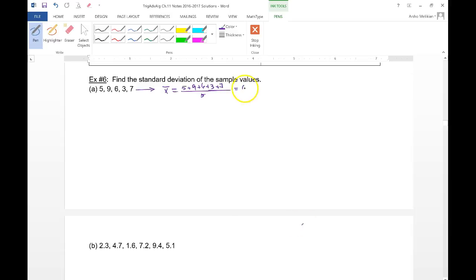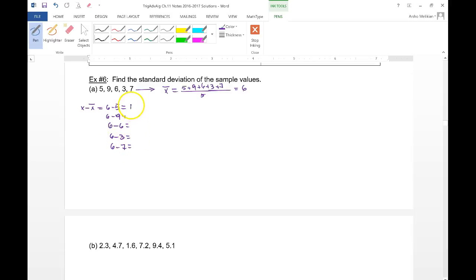That's 6, right? Is that right? Yeah. Now we're going to subtract x minus x bar. So we're going to get 6 minus 5, 6 minus 9, 6 minus 6, 6 minus 3, 6 minus 7.